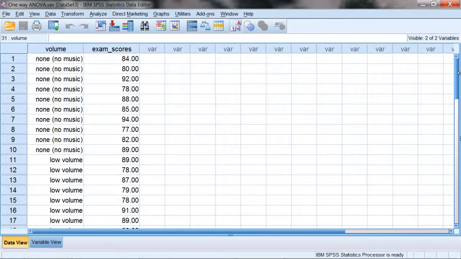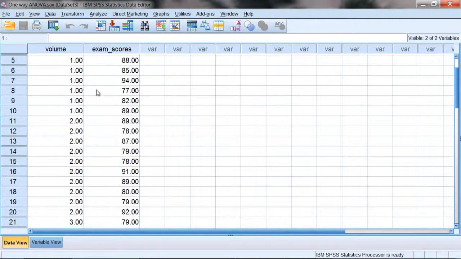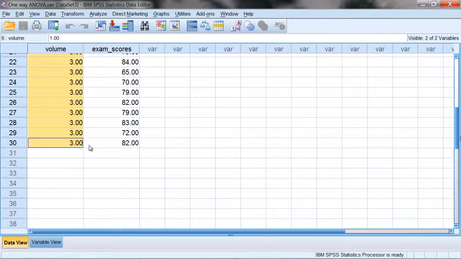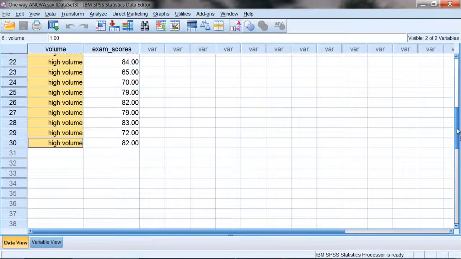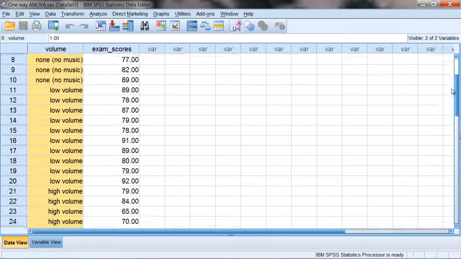And then the next day they took the exam, and these once again are their exam scores. So we'll use the ANOVA to see if there's a significant difference between these groups, our 1s, 2s, and 3s, or our no volume, low volume, and high volume groups.